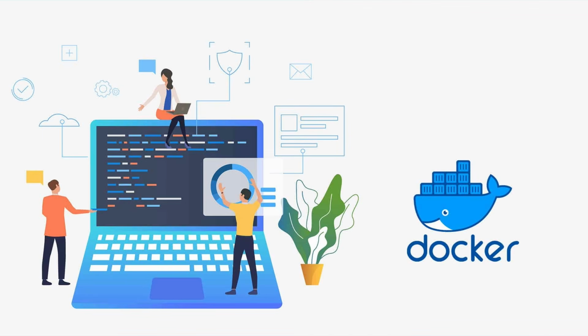We build the container once and we can run it anywhere. It makes server setup much simpler, removes version conflicts, and saves a lot of time. Also, different applications can run together without breaking each other. At the end, it means faster deployment, smoother development, and more reliable testing.